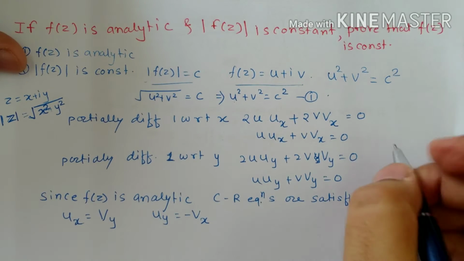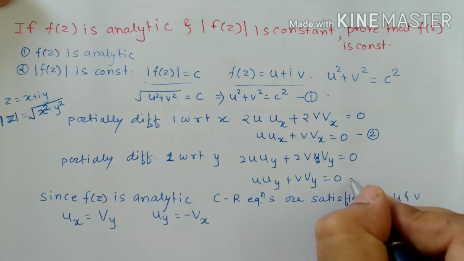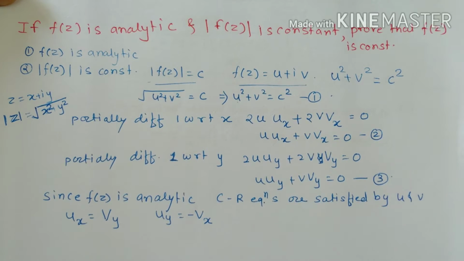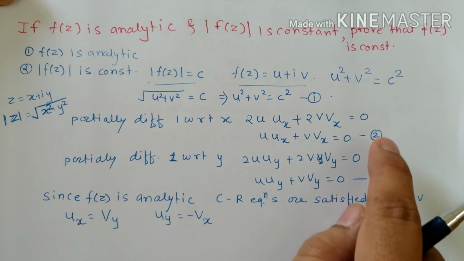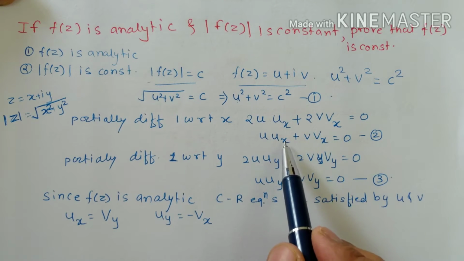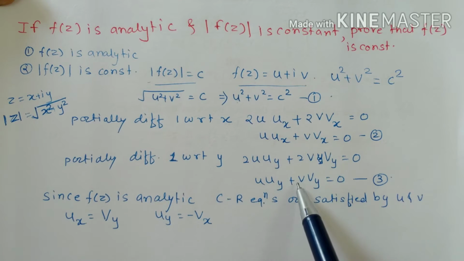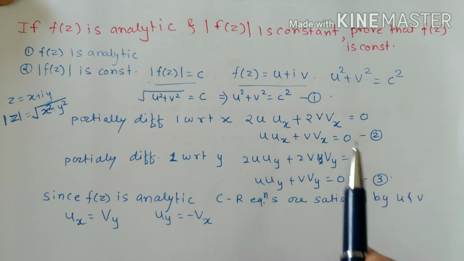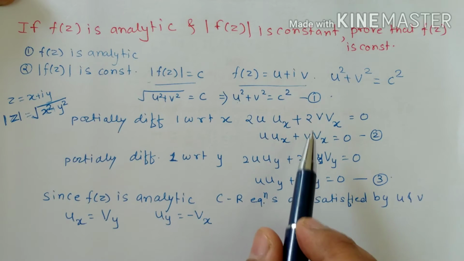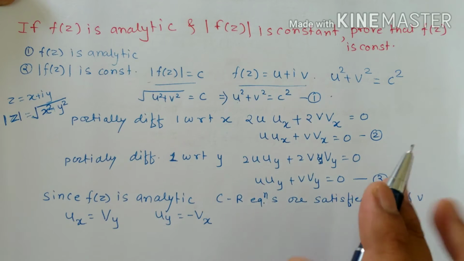I call these equations number 2 and number 3. Now what I am going to do is convert these equations in terms of u only or v only. That is our role. So it is better I change these equations in terms of u only.